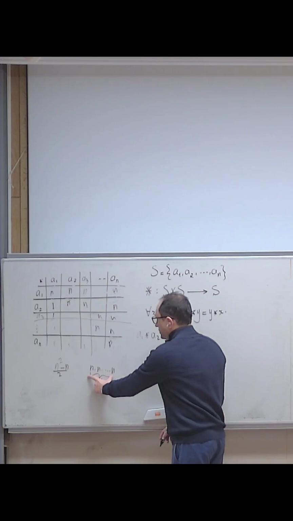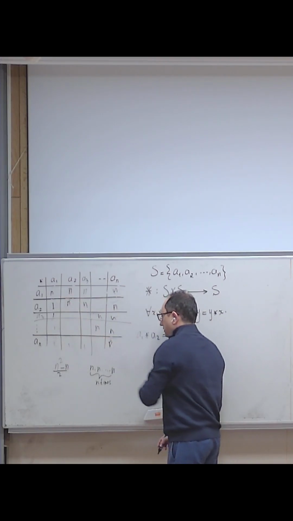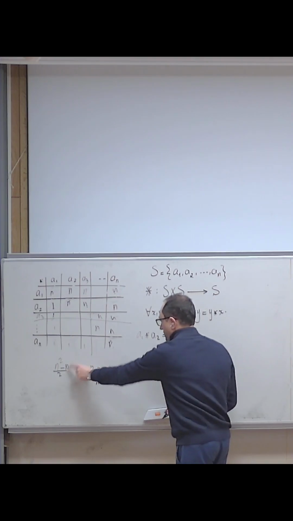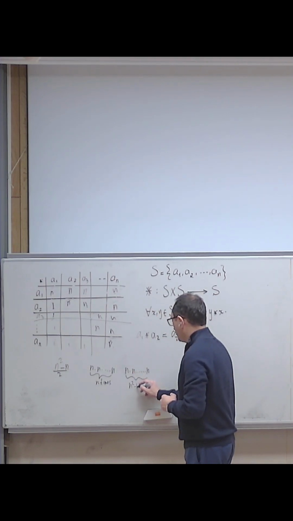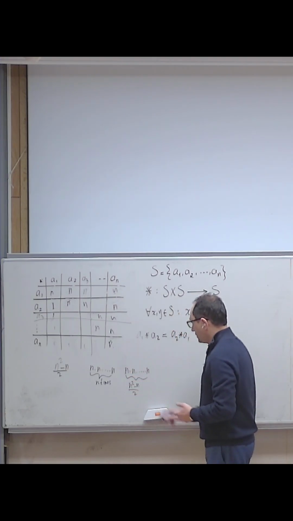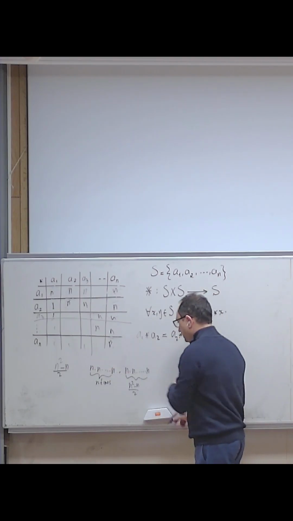So these n's are coming from multiplying the diagonal elements, and I have other n's to consider. How many n's are there? This number of terms. And don't worry about dividing by 2, because n squared minus n is always an even number. So the answer is just multiplying all of them.